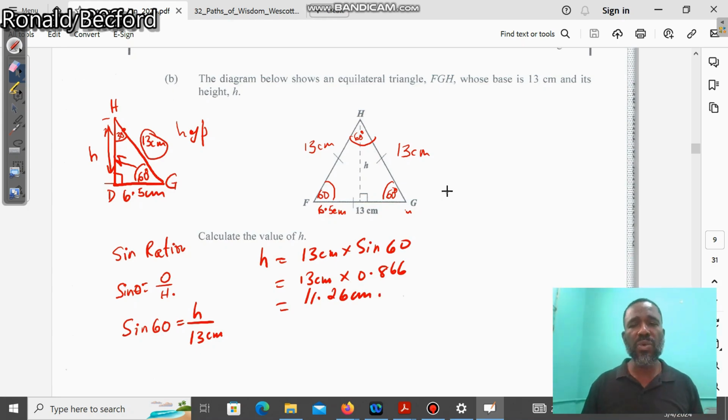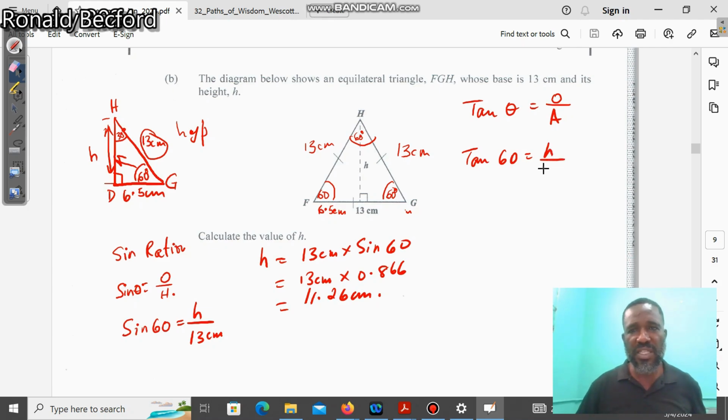We could also use the tan ratio, that tan theta is equal to the opposite over the adjacent. So in this case, if we are using this angle here, then the opposite side would be h. So therefore, tan 60 is equal to the opposite side, which I don't know, so we call that h, over the adjacent, which is equal to 6.5 centimeters.